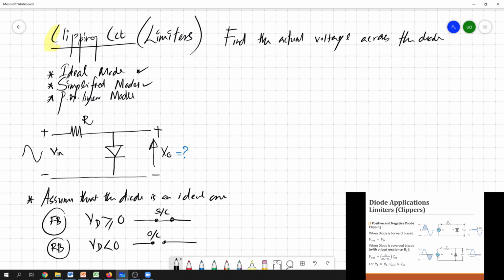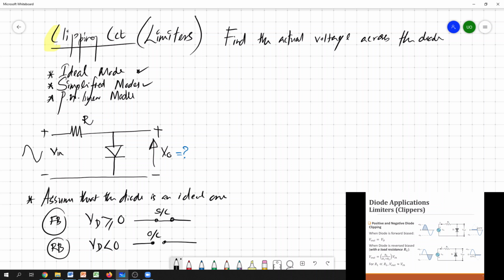From this we can say that the diode voltage equals the open circuit voltage across these two terminals, which equals Vi. This is the conclusion we made for this circuit.